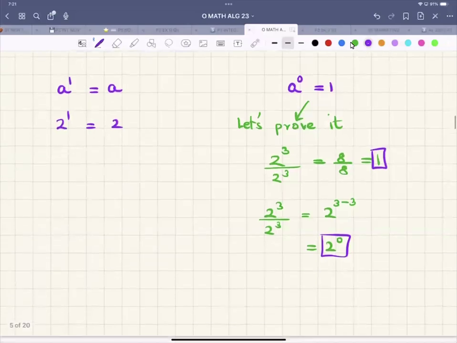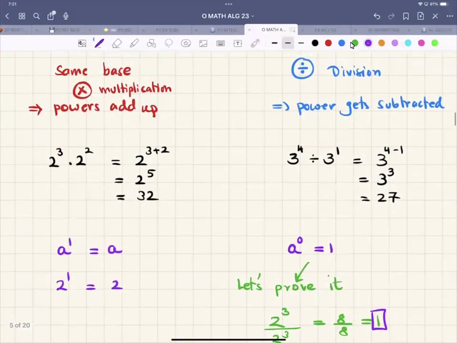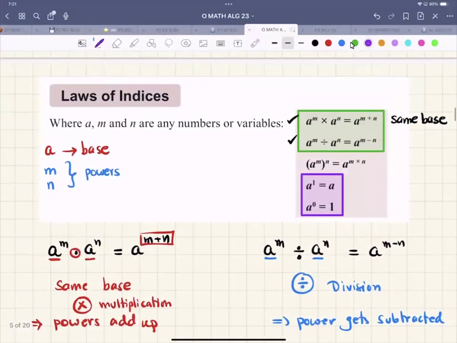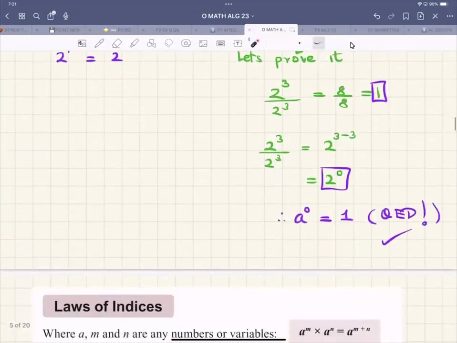So therefore, I'll say a^0 comes out to be 1, quite easily done. That is how we have proven it. So now we have the first two rules. Then we have a^1 is a, that is basic. a^0 is 1.